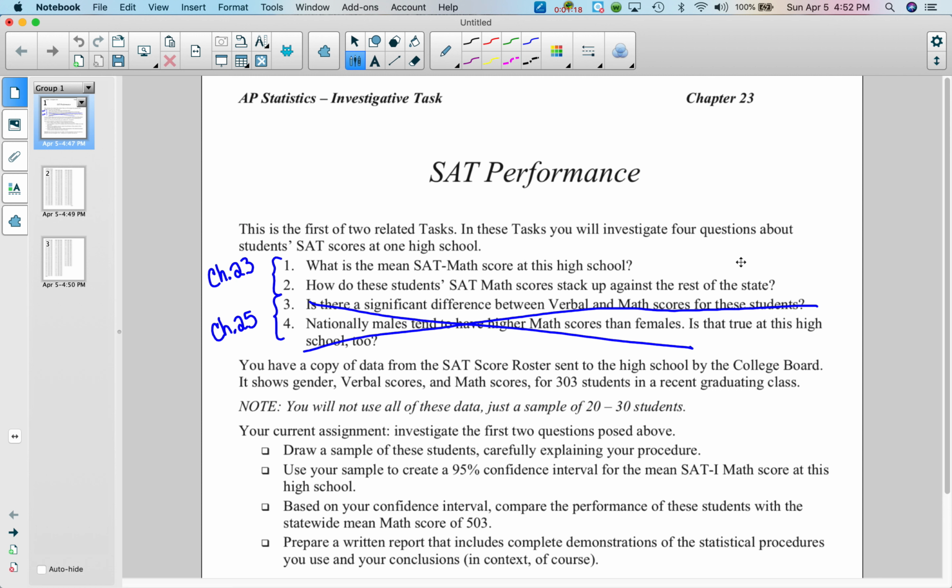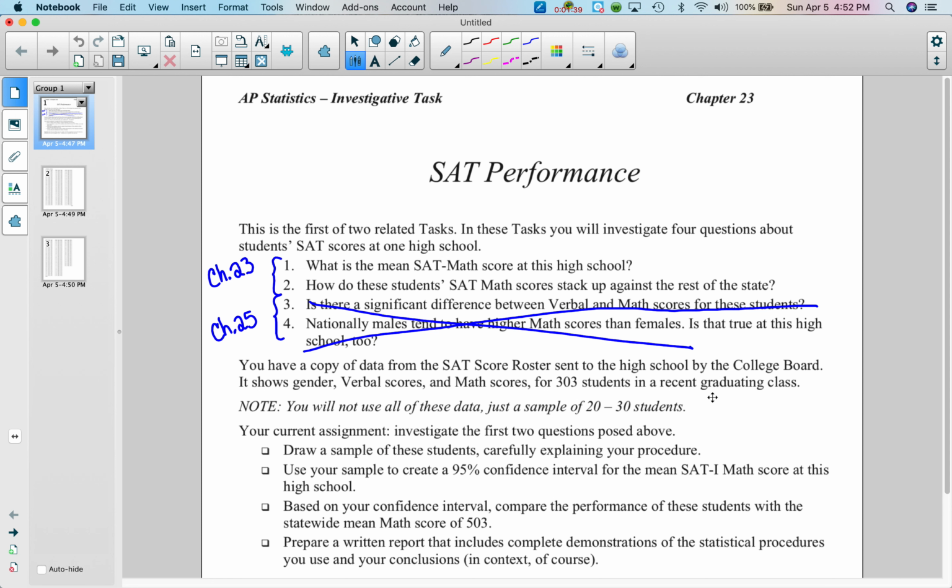So this is what you are going to be looking at. The question is, what is the mean SAT math score at this high school? And the next one is, how do these students' SAT math scores stack up against the rest of the state? You have a copy of data from the SAT score roster sent to the high school by the College Board.